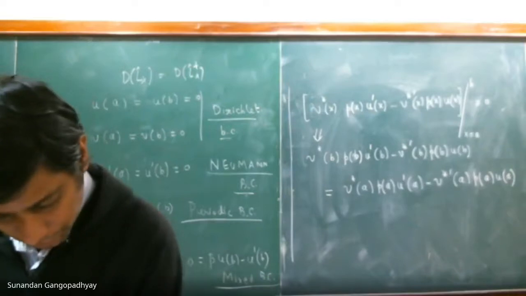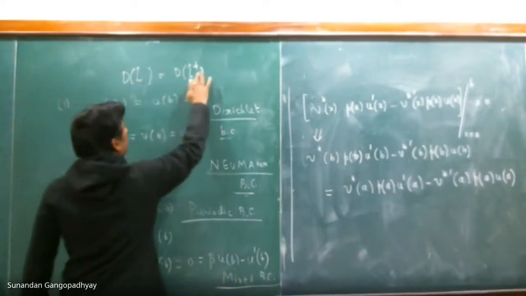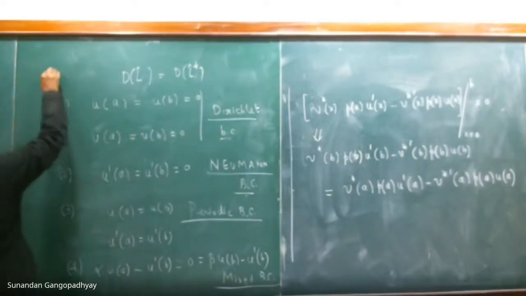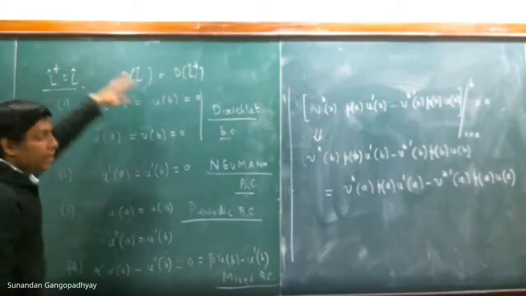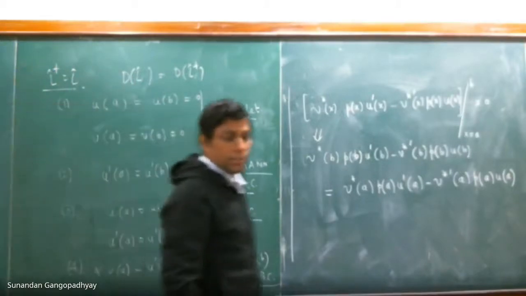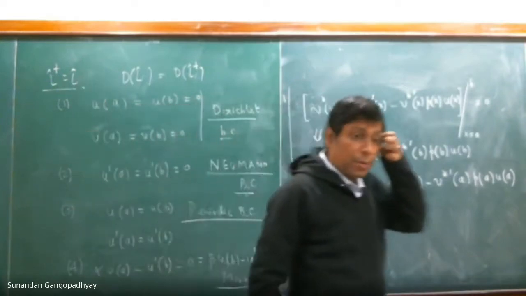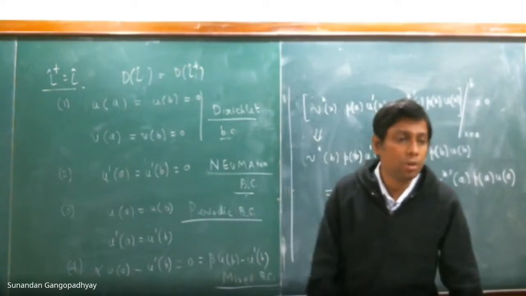So you see that L hat and L hat dagger, because we already know that L hat dagger is equal to L hat. This we have demanded, and then we have developed our theory, because when we demanded that the operator is a symmetric operator, that gave us the condition that R function of X must be equal to P prime function of X, and therefore this is a symmetric operator.